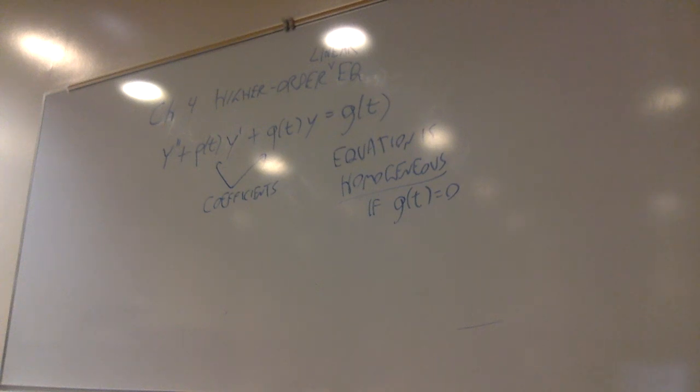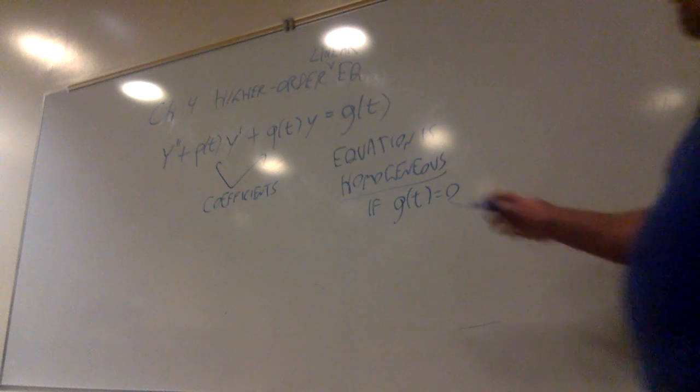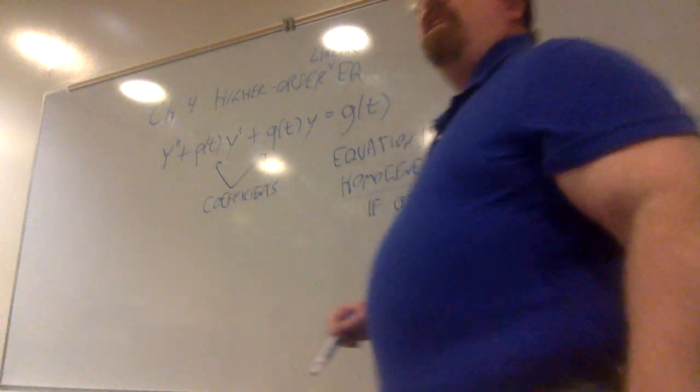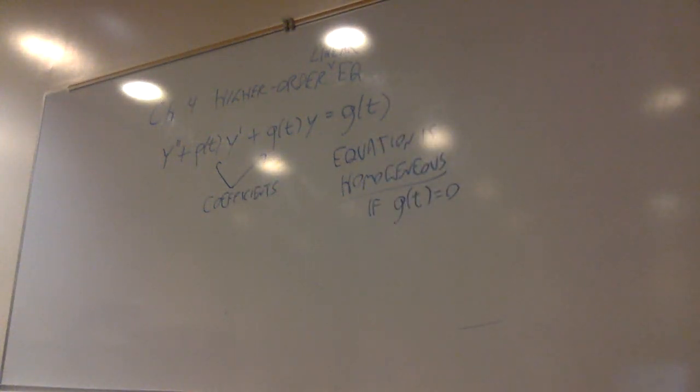I can promise you that this unfortunate ambiguity is not going to get in the way of working any problems. So forget the previous meaning and just go with this one. Because we're going to start with a case where the right-hand side is 0 and learn how to solve that. As we get towards the end of the chapter, we'll allow g to be non-zero and figure out how to solve it in that case. Okay.